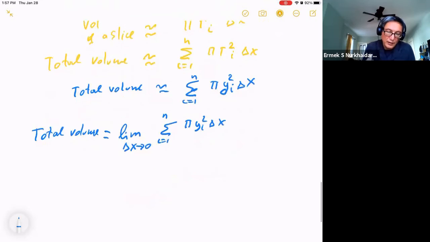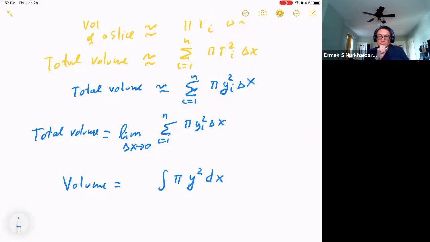And as we discussed earlier, when we take the limit, sigma becomes integral: pi is pi, y_i becomes y, square is square, delta x becomes dx. And we need to figure out where we start and where we finish.